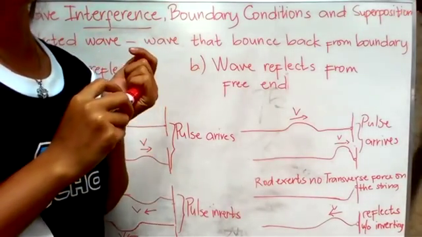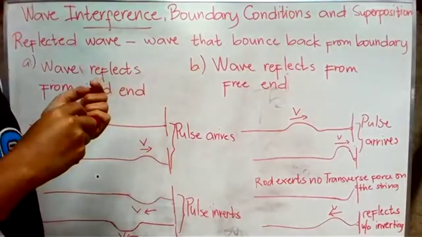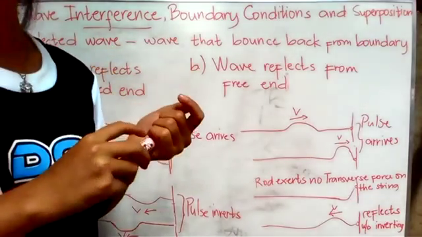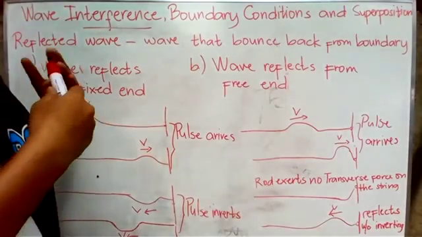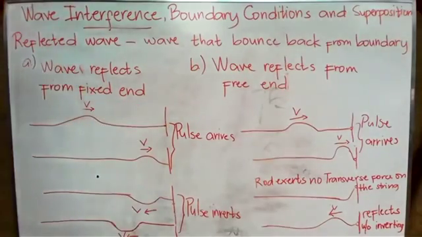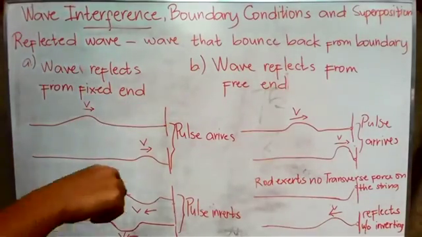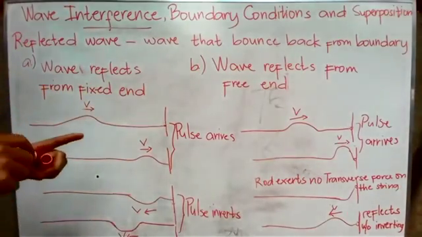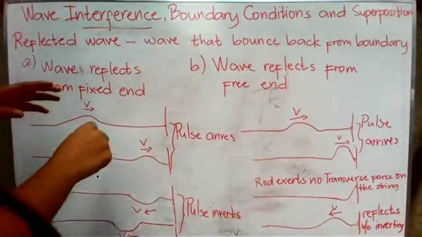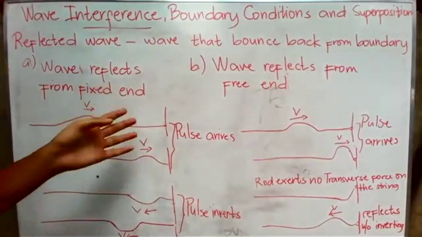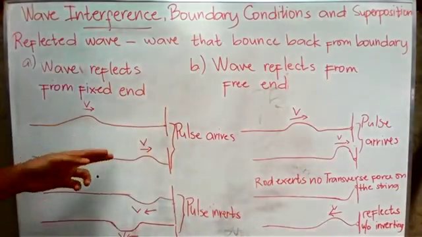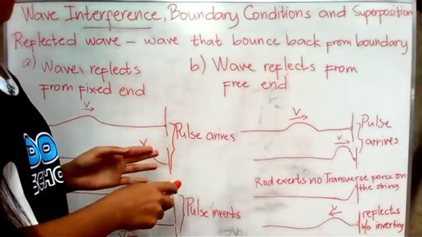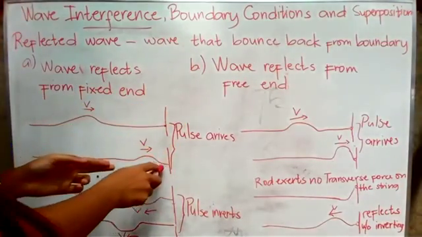Interference refers to what happens when two or more waves pass through the same region at the same time. A simple example, in A, is where the wave reflects from a fixed end. If the end is fastened to a rigid support, the arriving wave exerts a force on the support.